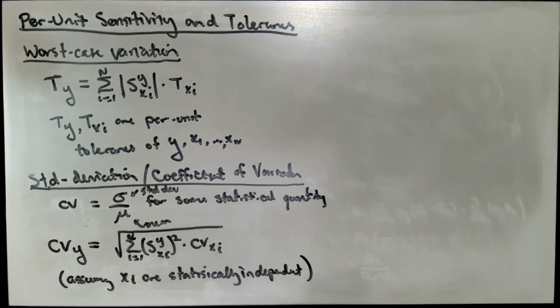So the way that these coefficients of variation, which are sort of like normalized variation, combine for a parameter that is determined by the sum of those, will be through the square root of the sum of the squares.